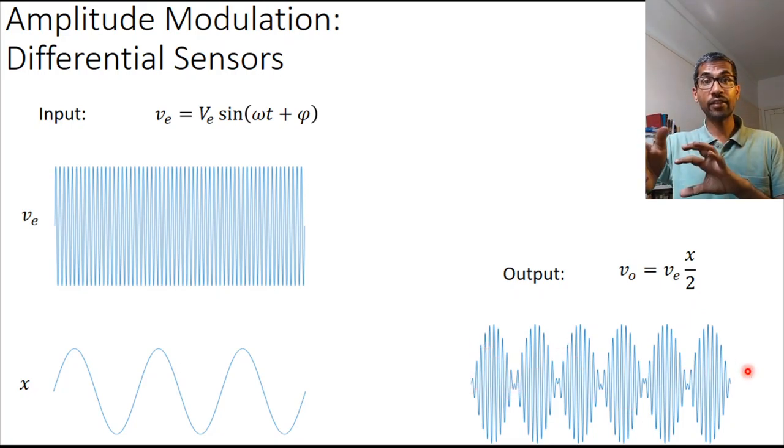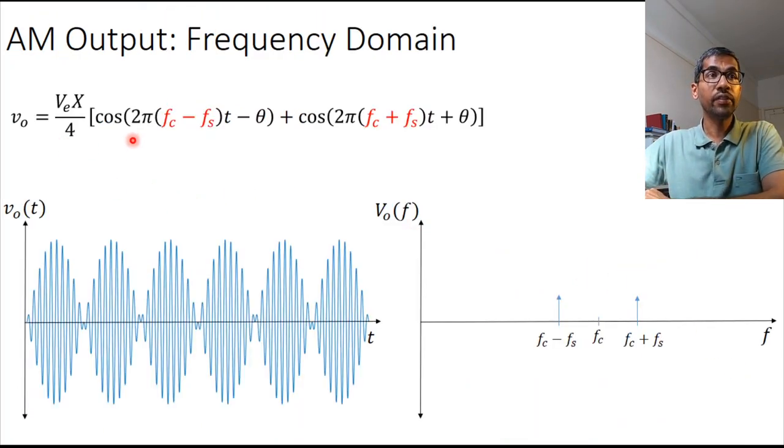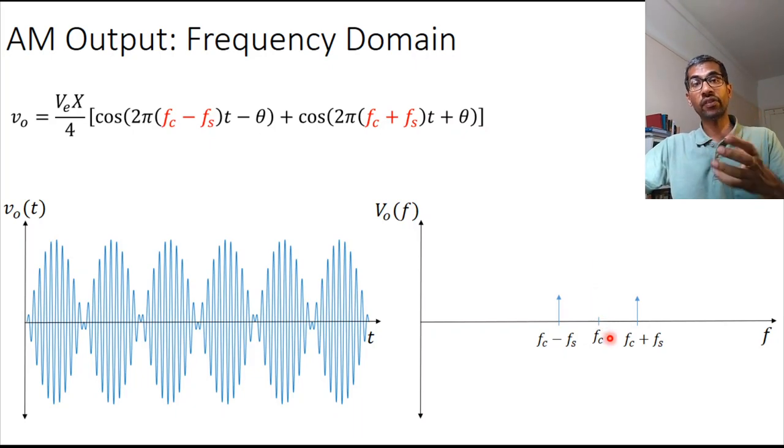Now let's look at the frequency domain representation. In the frequency domain, it looks like this. You have a spike at Fc minus Fs with this amplitude, and at Fc plus Fs with this amplitude, but there is no signal at the carrier itself.